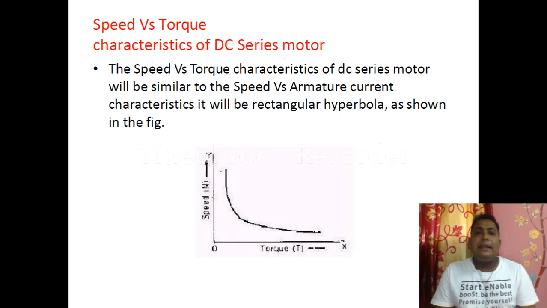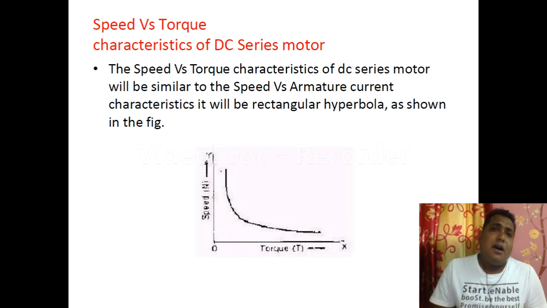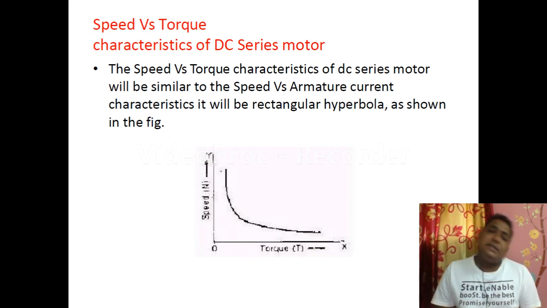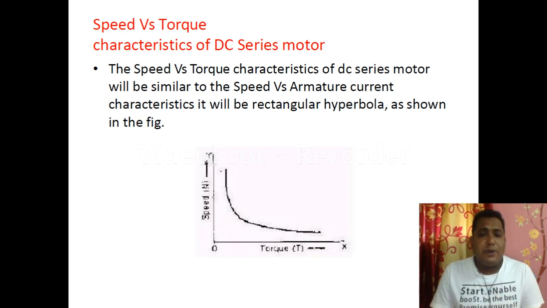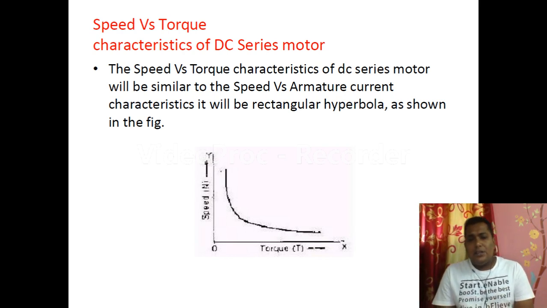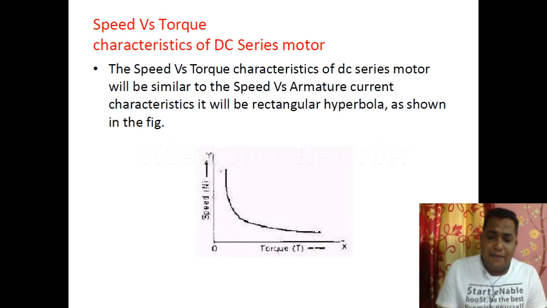From that indirect relationship, as we have seen in the shunt motor also, here we can find somehow the same characteristics as in the speed versus armature current. So it is also a hyperbola, as we can see in the characteristic. That means when the torque has a very low value, the speed is very high, and when the torque is increasing, the speed is going to decrease. So these are the three characteristics we have.